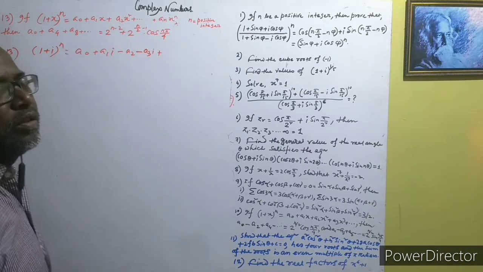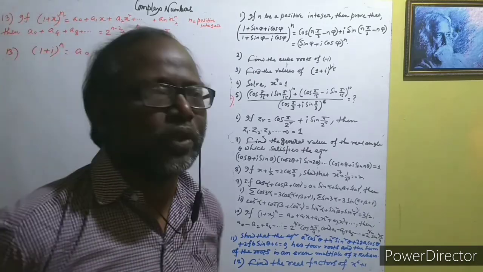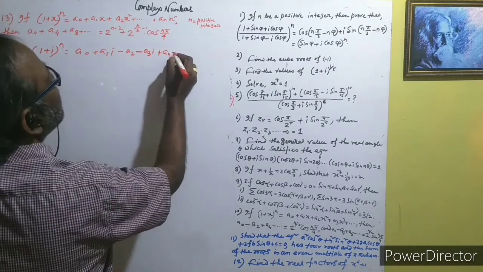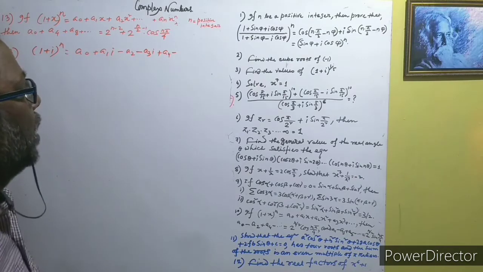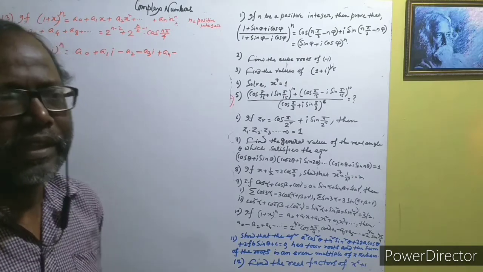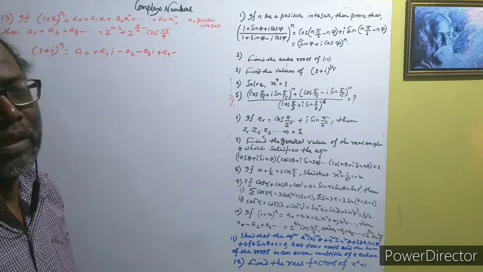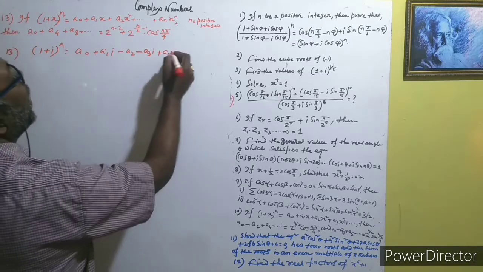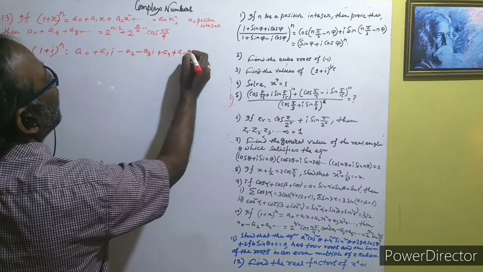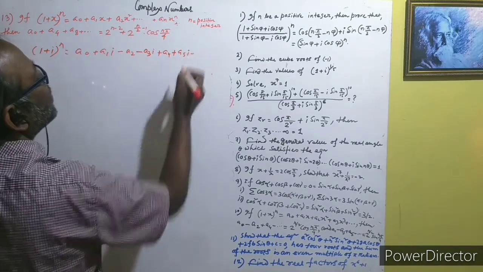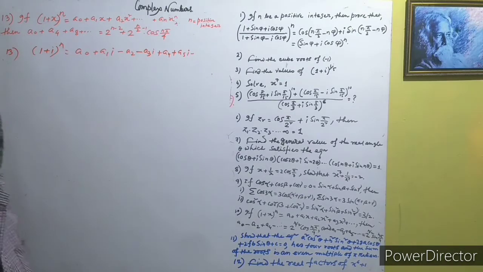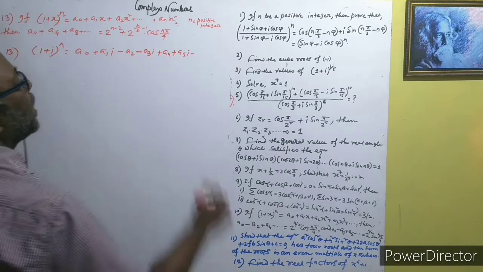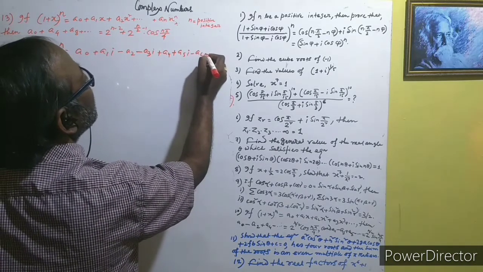And in case of i to the power 4, that is minus 1 whole square, so plus a4. In case of 5, that is i to the power 4 into i, so that is only i into a5. And in case of 6, that is i to the power 6, i square cubed, that is minus 1, so minus a6.